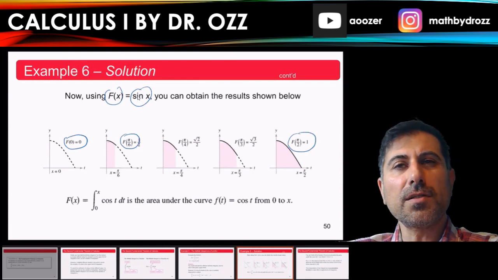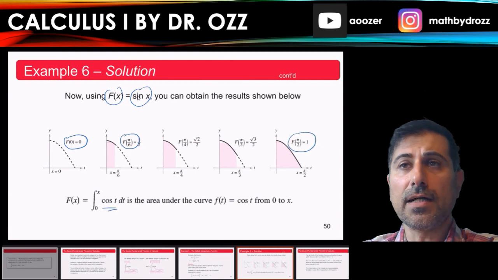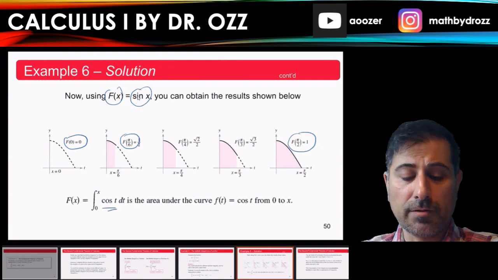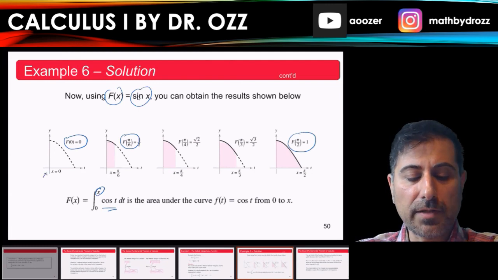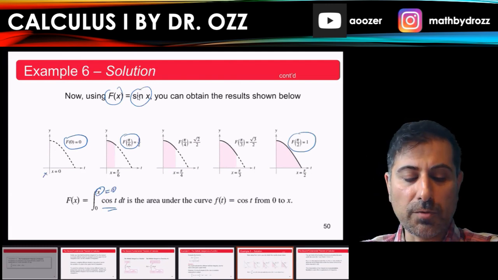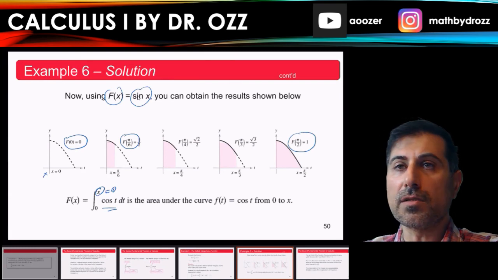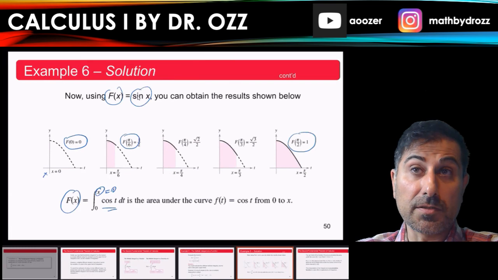But in terms of the area between the graph of the cosine function and the t-axis, where we play with the x values. So when x equals 0, as you see, there is no area to talk about because the lower limit is 0, upper limit is 0. So capital F of 0 for that reason is 0 because there's no area here.